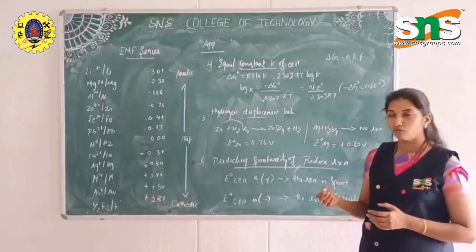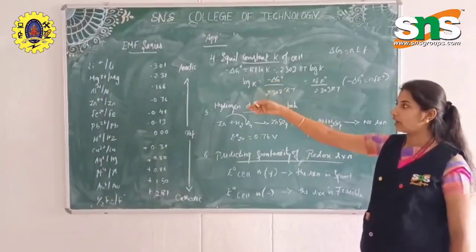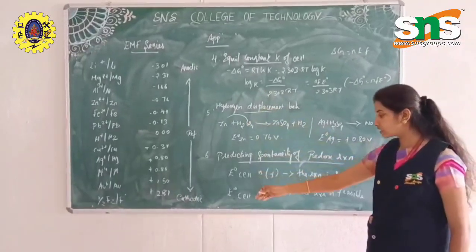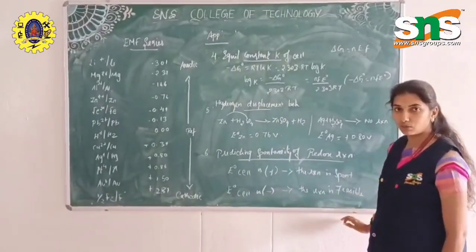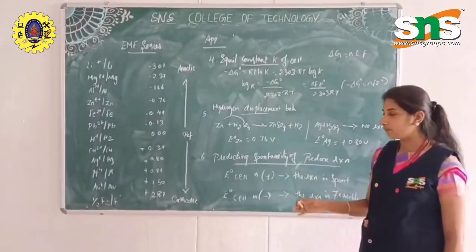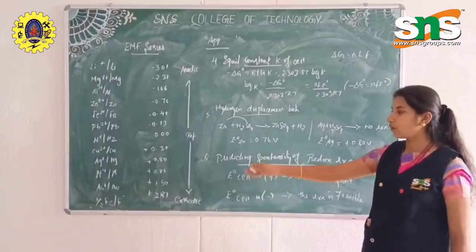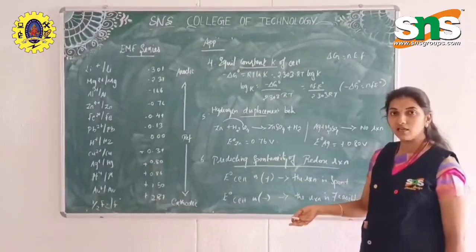For the anodic process, if E0 cell has a negative value, the reaction is not feasible. If the E0 cell is positive, we can take it as a spontaneous reaction.